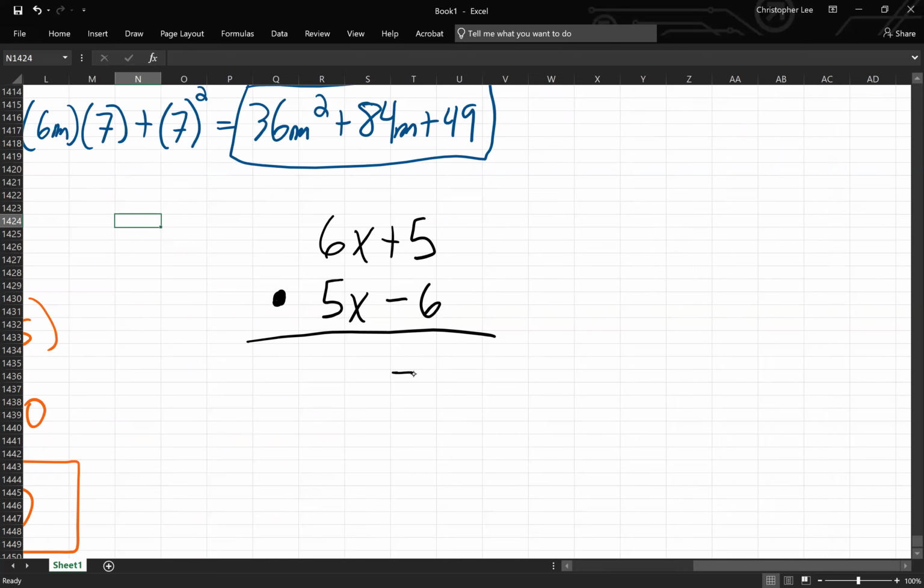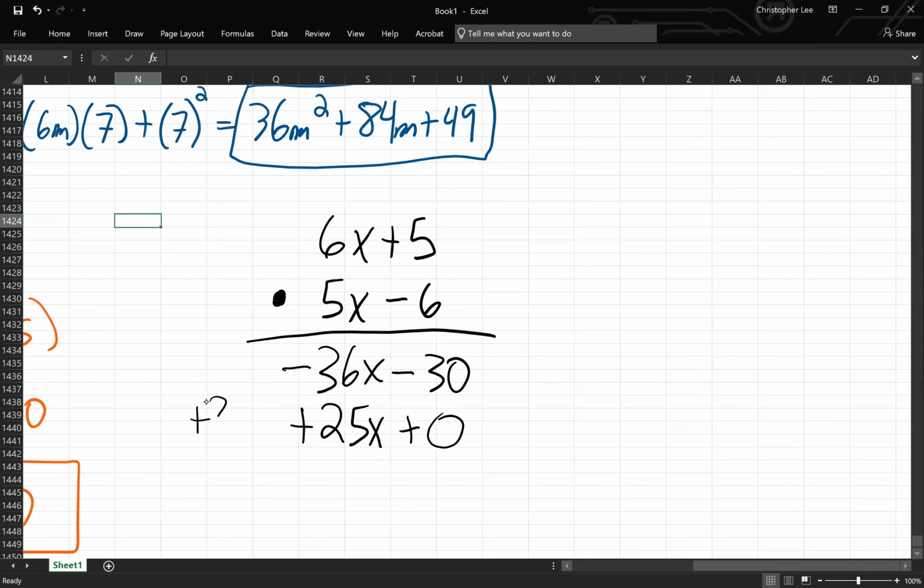It's negative 30, right? Negative 6 times 6x. That's going to give me a negative 36x, right? Imaginary 0. 5x times 5. This is plus 25x. And then 5x times 6x. This is going to give me a plus 30x squared.